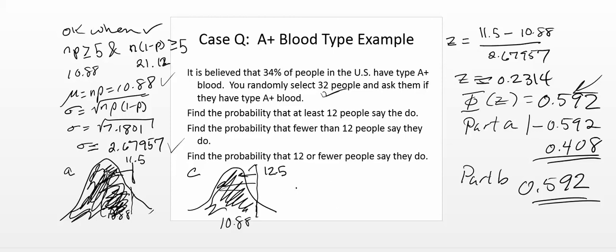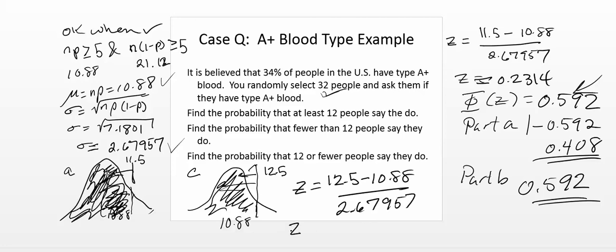Now I need to calculate my z for C. My z in this case is equal to 12.5 minus 10.88 divided by 2.67957.